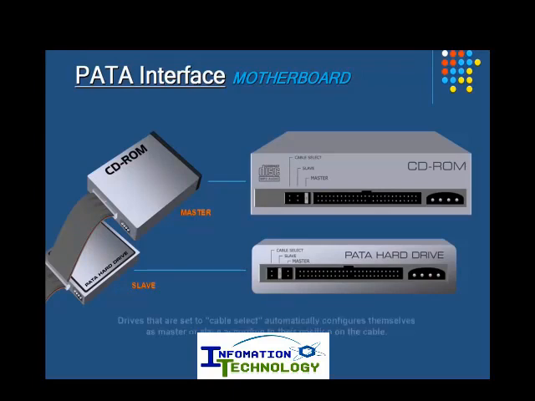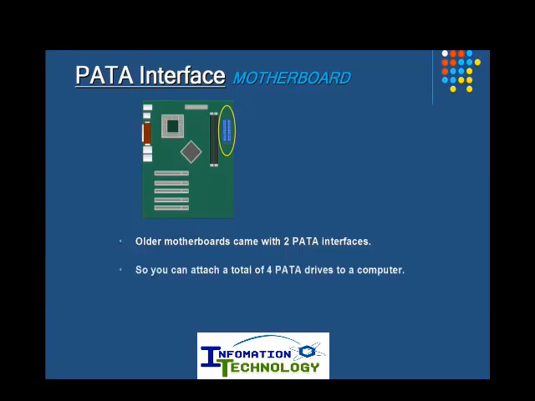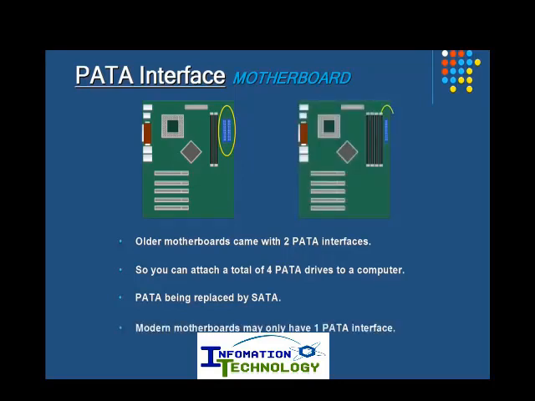Drives that are set to cable select automatically configure themselves as master or slave according to their position on the cable. Older motherboards came with 2 PATA interfaces, which means you can attach a total of 4 drives to a computer. But the PATA interface is slowly being phased out by the faster SATA interface, and modern motherboards may only have 1 PATA interface or none at all.